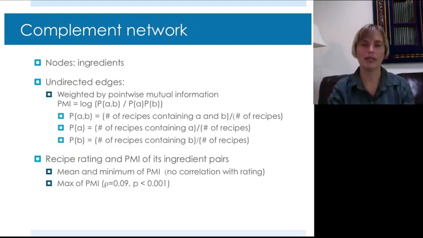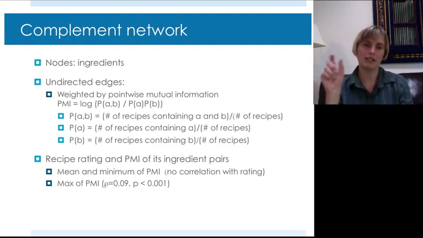For the complement network, we constructed edges using the pointwise mutual information, which is just the log of the probability that the ingredients occur together divided by the product of the individual probabilities that a particular ingredient occurs in a recipe.